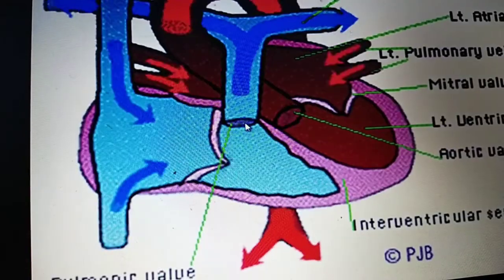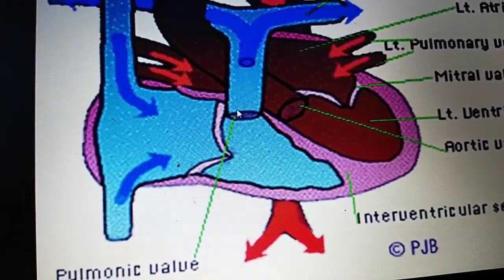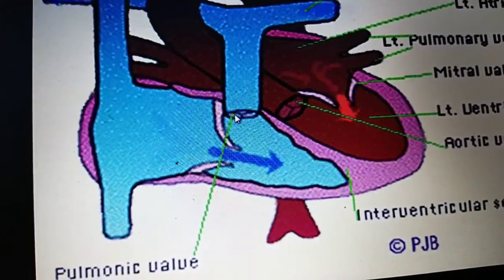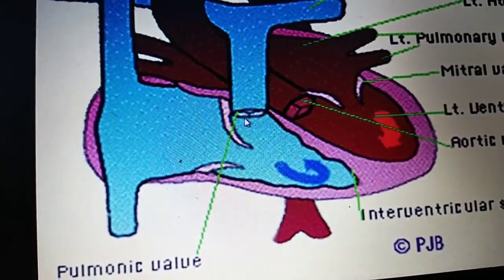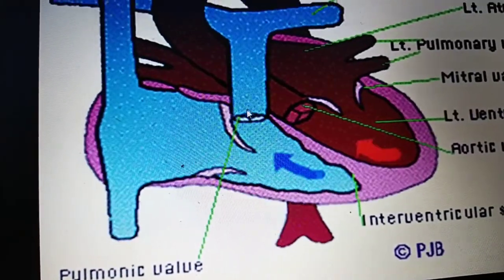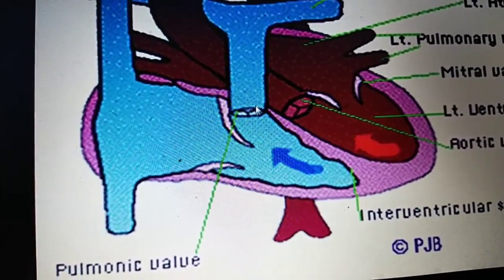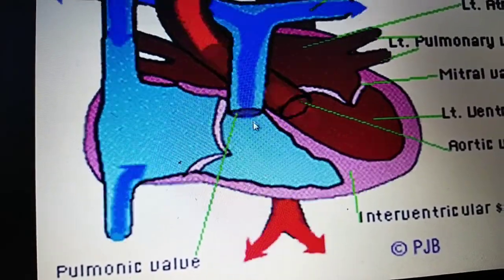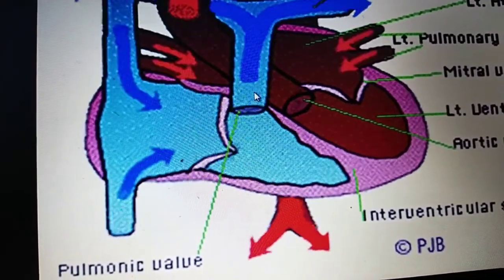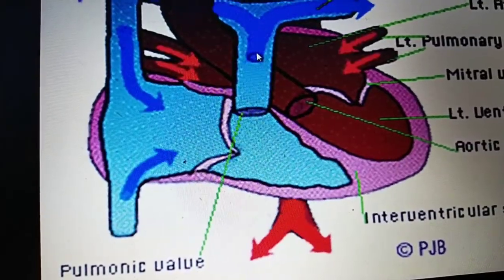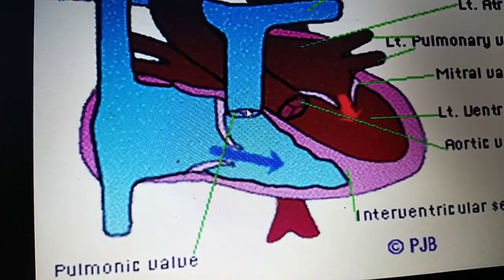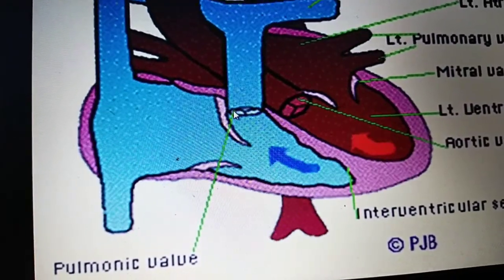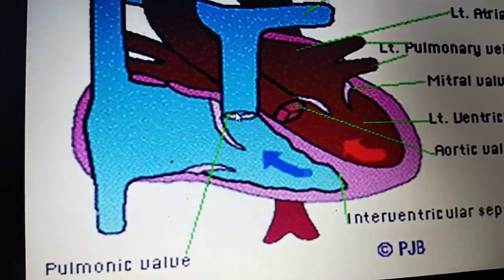We already explained what is meant by the semilunar valves, the bicuspid valves, and the atrioventricular valves. The pulmonary trunk arises from the right ventricle and is separated from it by the semilunar or pulmonary valves.